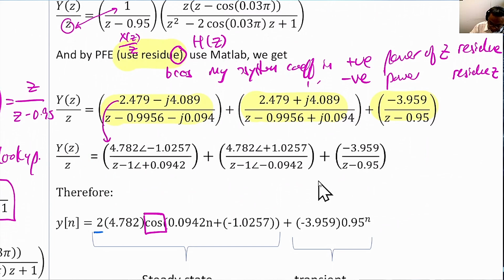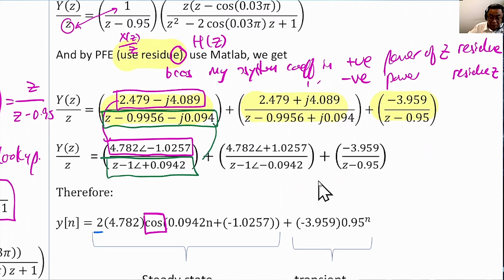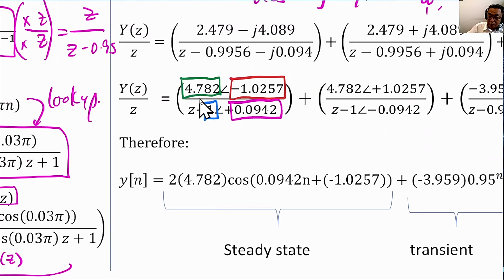So this simply is the polar representation of the term on top, and the term below is also the rectangular representation. So convert rectangular to polar, and then we'll use the numbers in this polar form. Let's see these four numbers. I colored these four numbers: the numerator's magnitude and numerator's phase, and at the bottom the denominator's magnitude and the denominator's phase. These four numbers are useful.